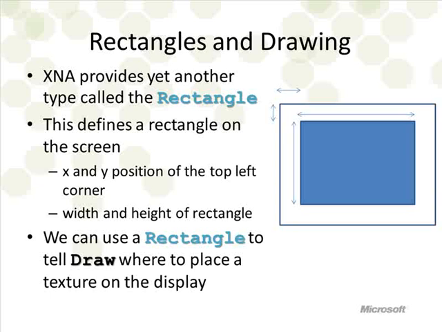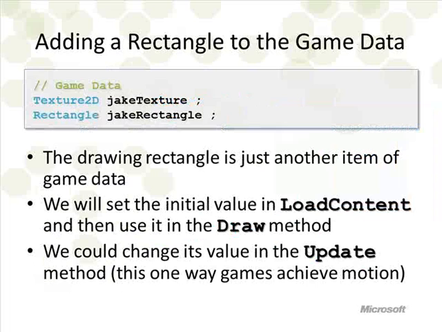The rectangle is an XNA type which defines a particular area of the screen. We use 4 numbers basically: the X and Y coordinate of the top left hand corner of the rectangle, how far down the screen it is and how far across the screen it is, and the width of the rectangle and the height of the rectangle. By setting up one of these, we can tell the XNA draw procedure, hey, put it in this rectangle please, and it will do that for us.